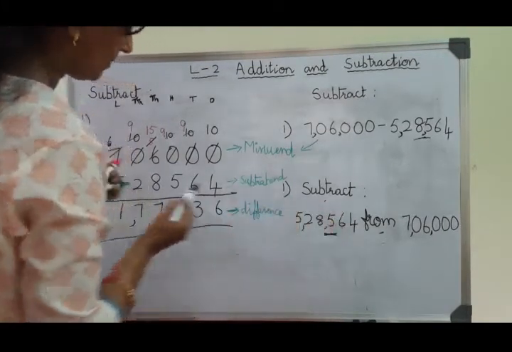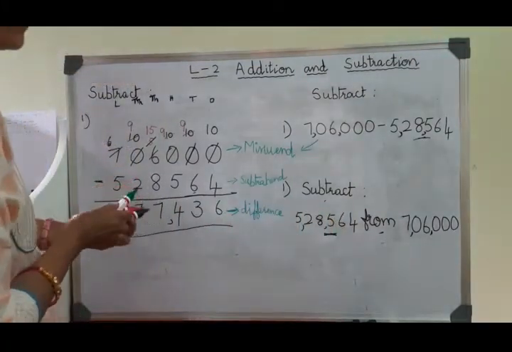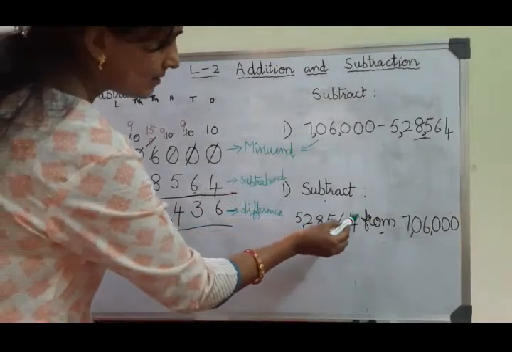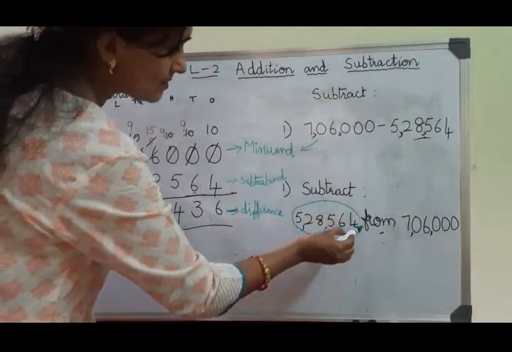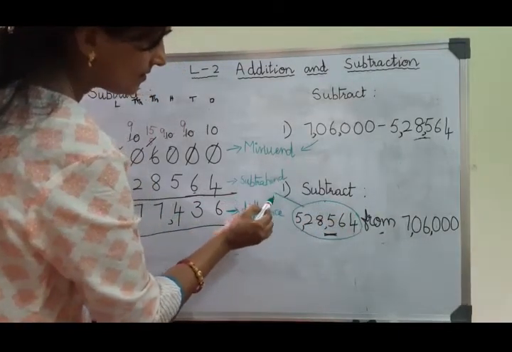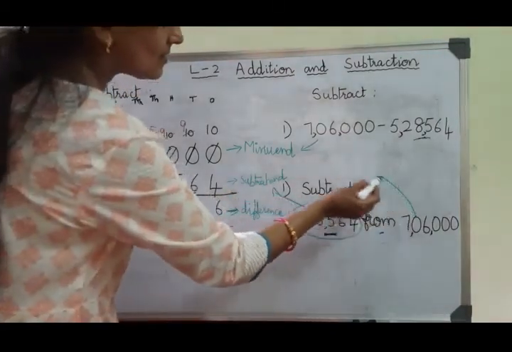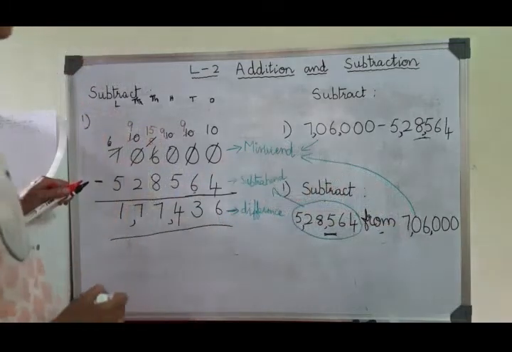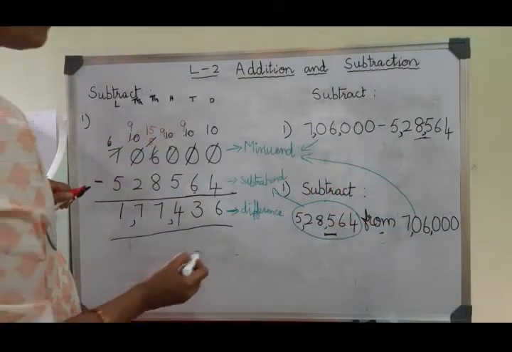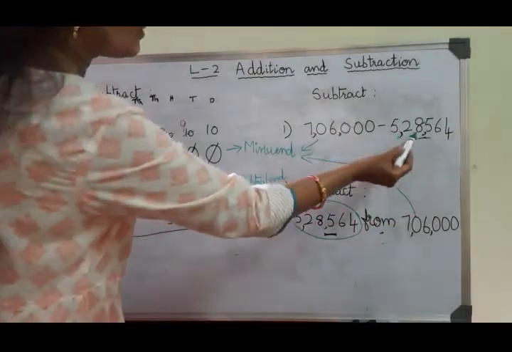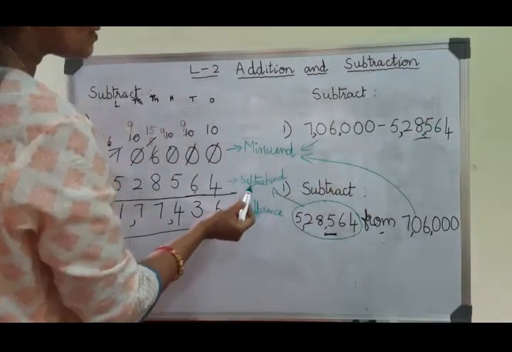Which is the subtrahend here? This first number is the subtrahend, right? Here, this number is the minuend. Here 5,28,000 is the minuend and 564 is the subtrahend.